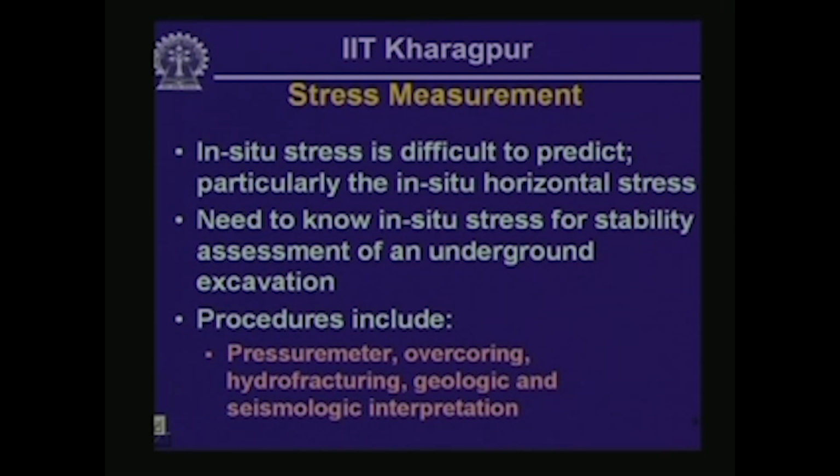What was apparent from the two plots that I showed is that the range of values of vertical and horizontal stress is quite large, and in many situations it is difficult to effectively predict what would be the value of sigma v prime or sigma h prime, considering topography, the gravitational effect, stress locking up because of ongoing deformation processes within the mass of rock, and so on and so forth.